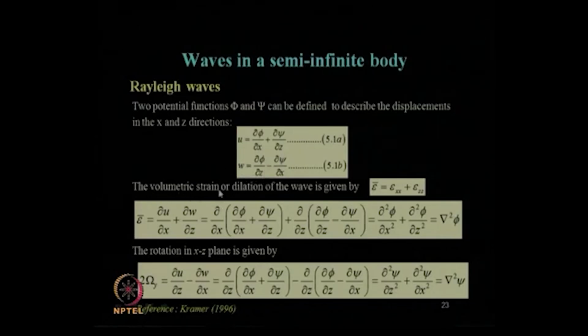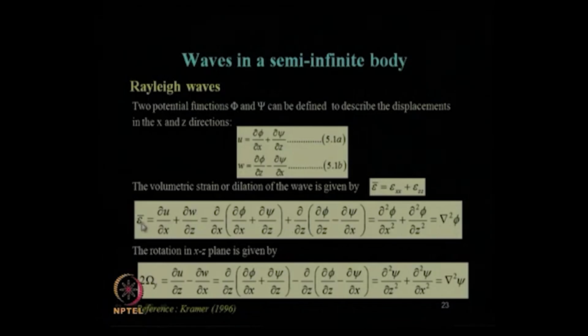Hence, the volumetric strain or the dilation of the wave in this case takes the form of epsilon bar equals epsilon x x plus epsilon z z, because there is no y y component. And knowing these relationships between epsilon x x and u, we can express that in this form.